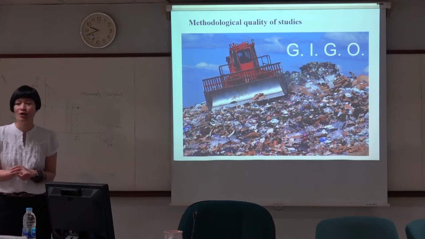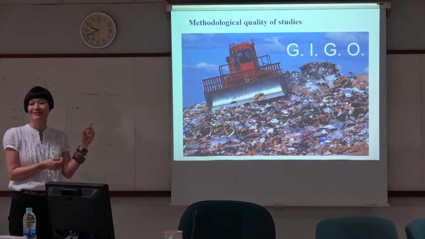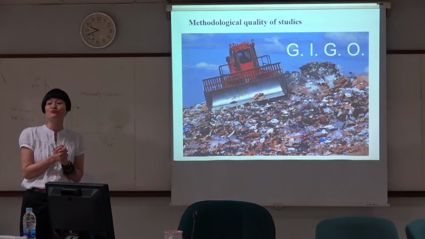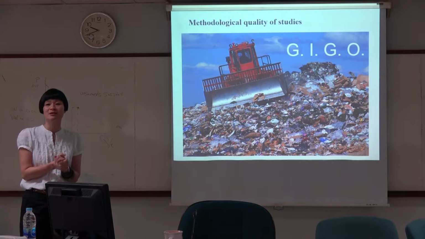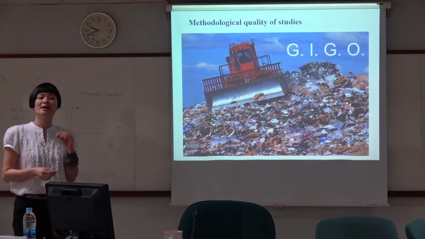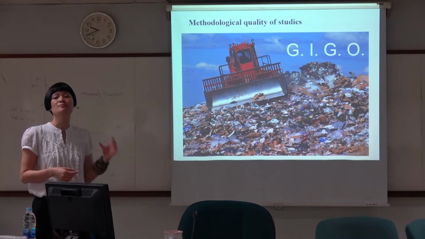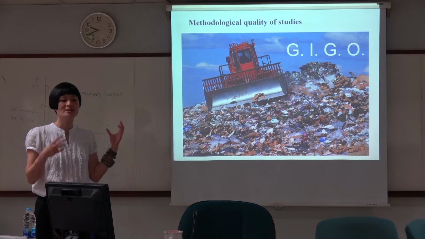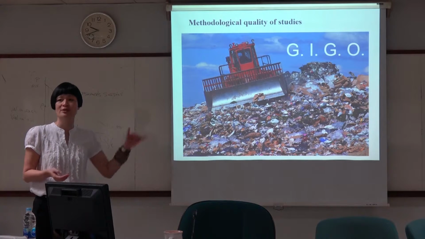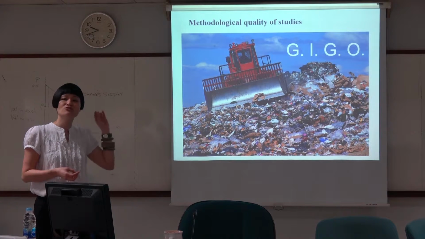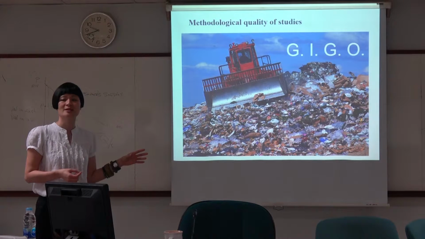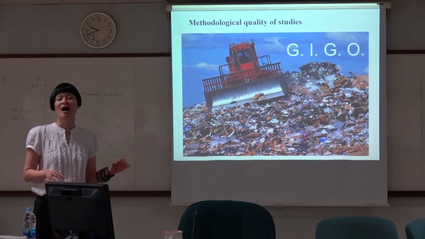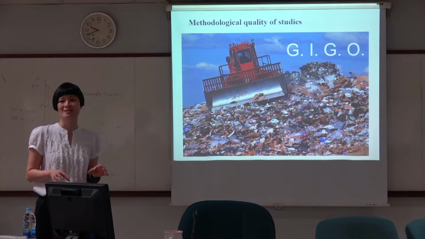Have you heard of this, GIGO? Yeah, garbage in, garbage out. This is really, really important because if you remember, in a systematic review, your papers are like your data. If you're doing a randomized control trial, these are your patients. So if they're not of good quality, if they're not fulfilling your criteria, it doesn't matter how sophisticated your meta-analysis is.